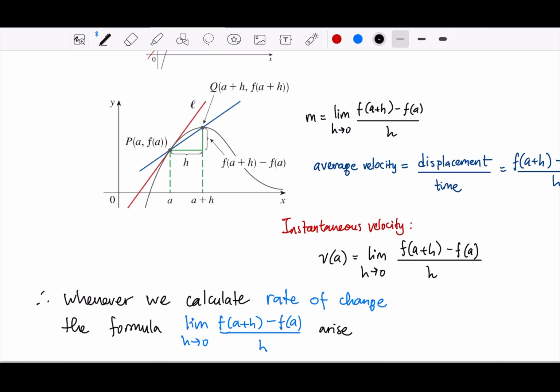Now we just need to take this as our definition. I think I need to go to the next page, but you can write the notes first, or maybe take a break. Okay, taking a break.